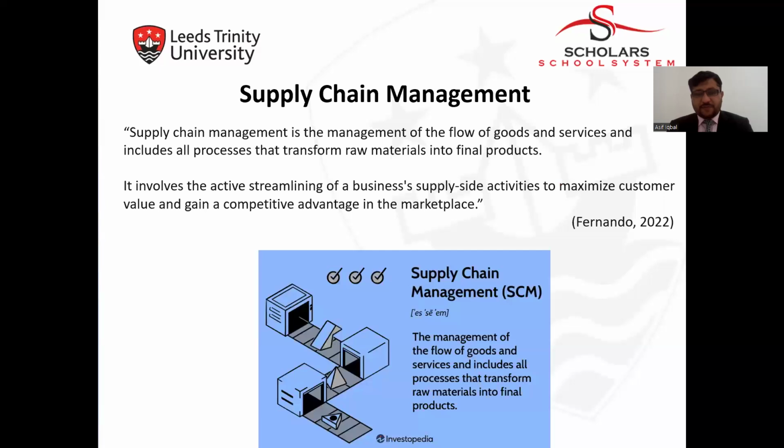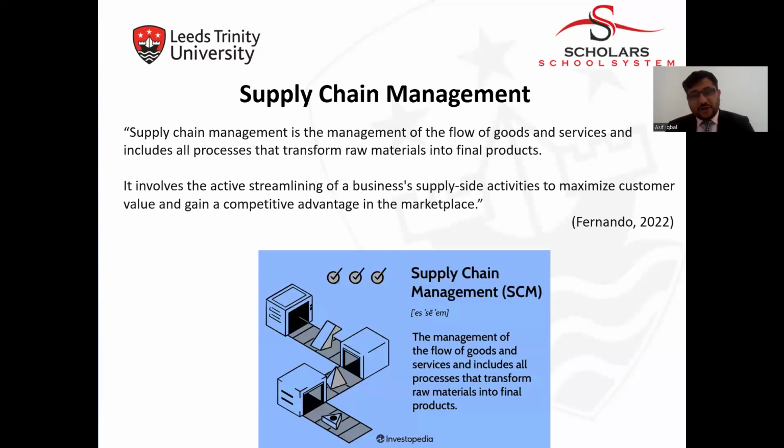Supply chain management is the management of the flow of goods and services and includes all processes that transform raw material into final goods. It means that a business involved in manufacturing purchases the raw material and brings it to the warehouse, then does the processes and systems on it, and makes a final product that is ready to sell to the customer.